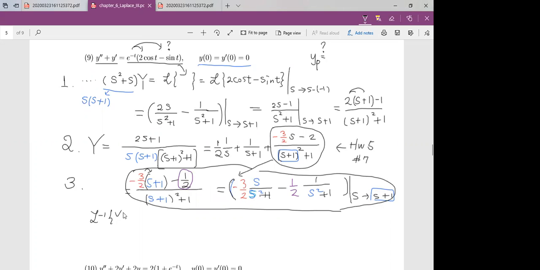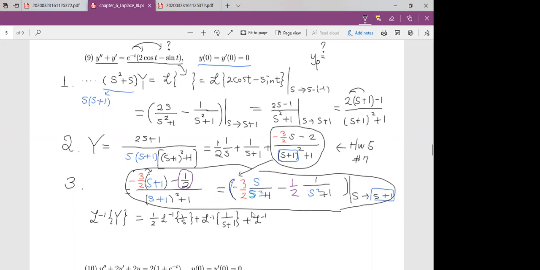Remember we had 2 more terms in step 2. So this is half times the inverse of 1 over s, the inverse of 1 over s plus 1, and then the inverse of everything.